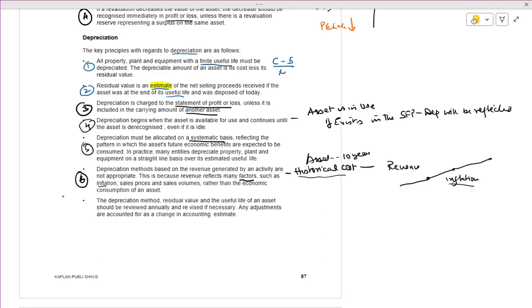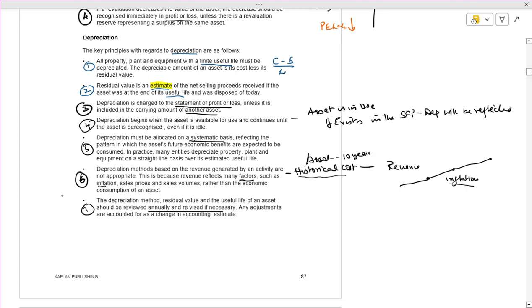A depreciation method, residual value and useful life of the asset should be reviewed annually and revised if necessary. If we are talking in terms of the depreciation method, we have to revise it.